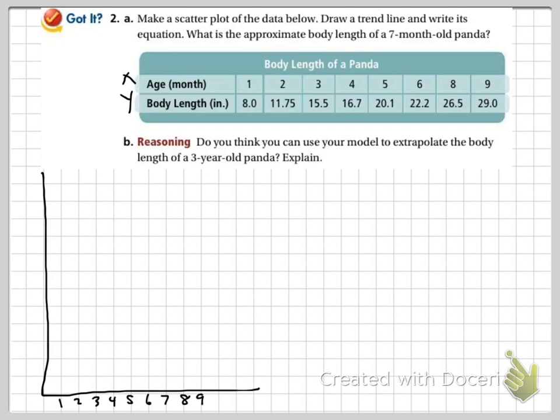Okay, and then I need to get up to 29. So let's go up by 3s maybe? Sure, let's go up by 3s.